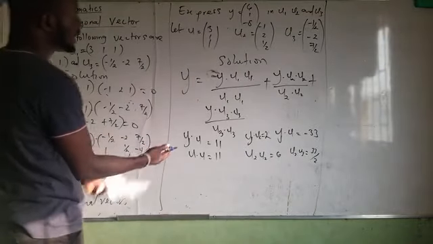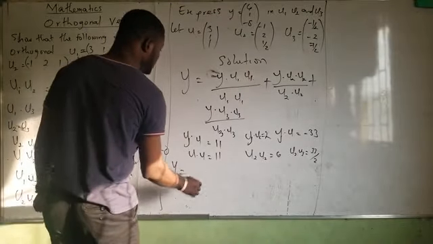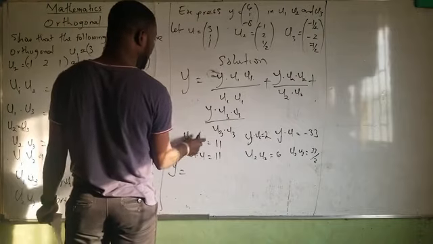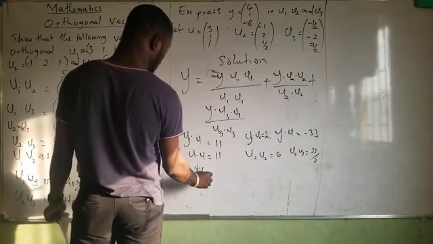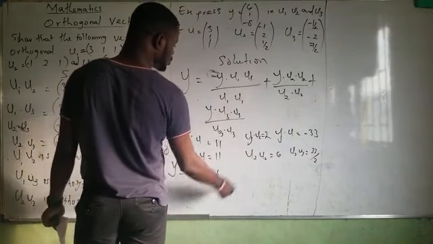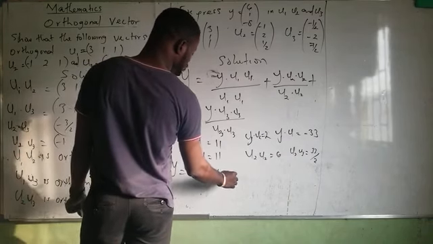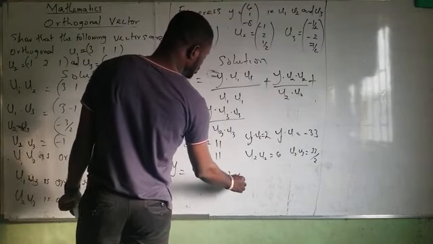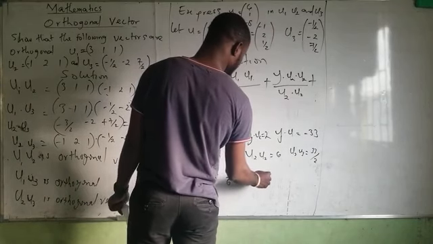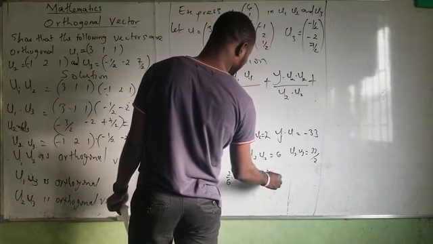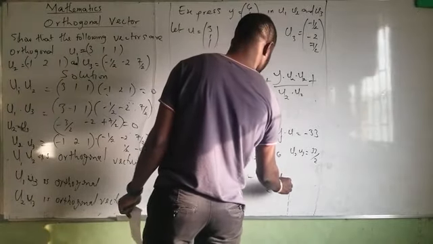Now, what I'm trying to do is work on orthogonal sets. It means my y will be equal to 11 over 11 u1, plus minus 12 over 6 u2, plus minus 33 divided by 33 over 2, which I will move up, u3.